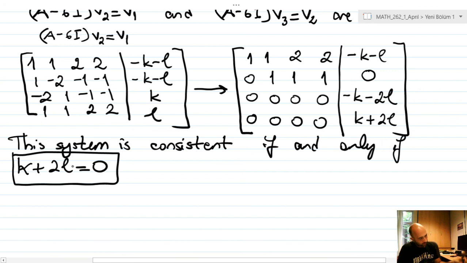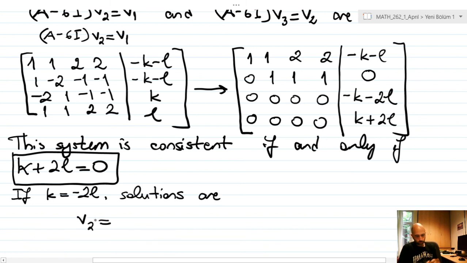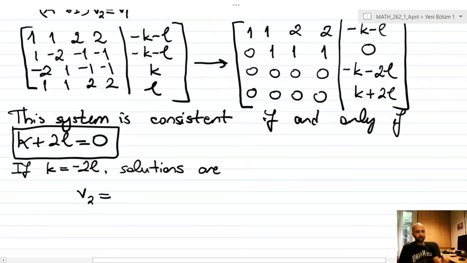So if k is equal to minus 2l, the solutions are of the following form. V2 equals something. You again have two free parameters in the system because it's rank 2. So let's write these as a and b.